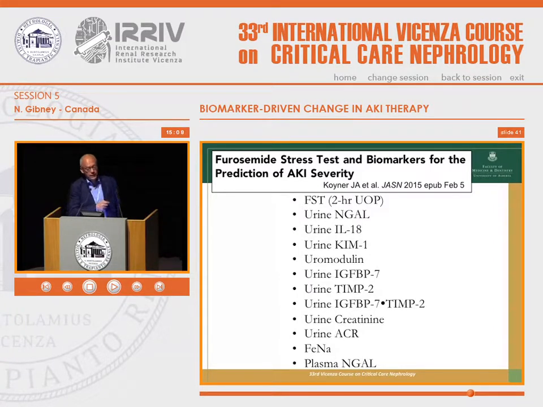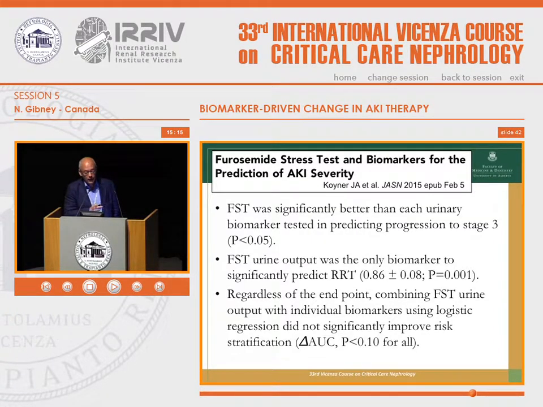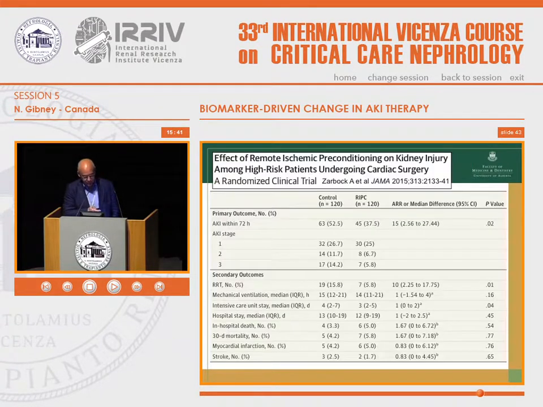They compared the furosemide stress test to these various novel biomarkers. What they found was that the furosemide stress test was significantly better than each of these in predicting progression to stage 3 AKI. It was the only biomarker to significantly predict the requirement for subsequent renal replacement therapy. And regardless of the endpoint, using the furosemide stress test on its own or combining it with some of the novel biomarkers actually didn't improve the ability to predict.